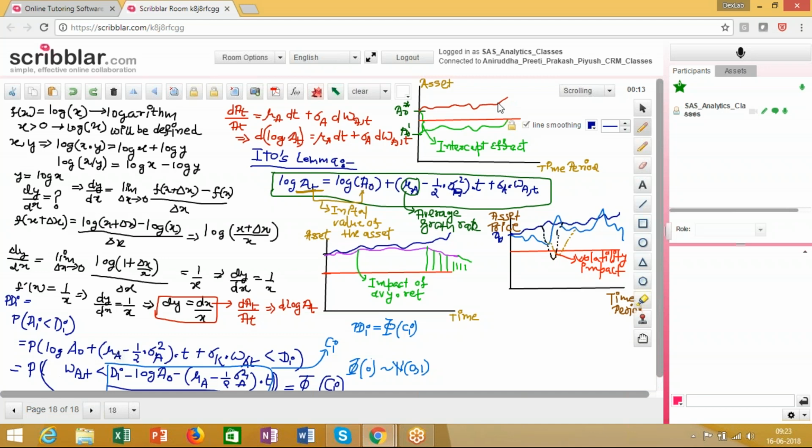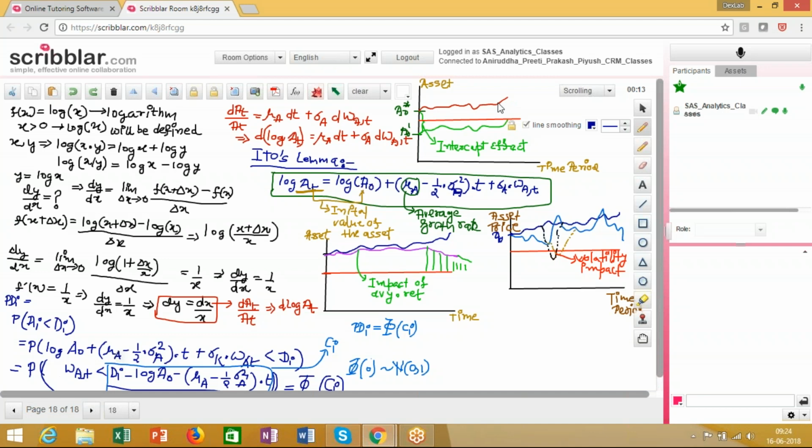These are some of the areas we need to work on to understand how the probability of default is affected by the asset path.